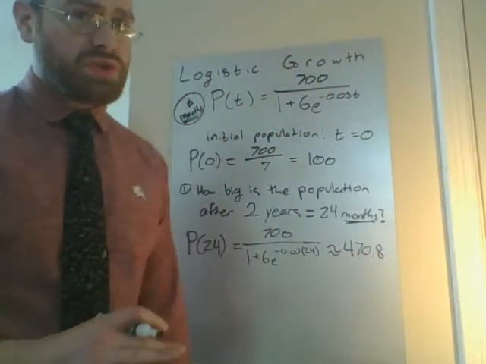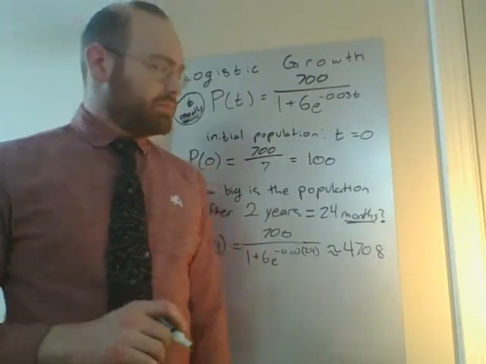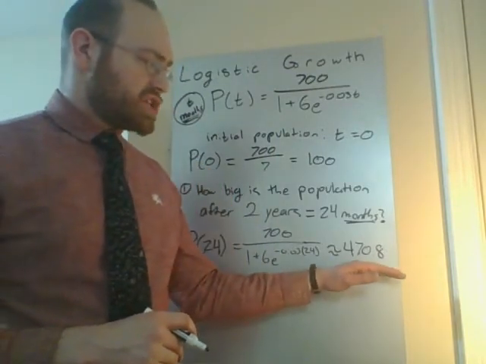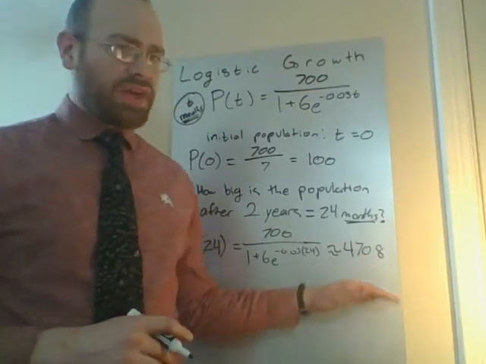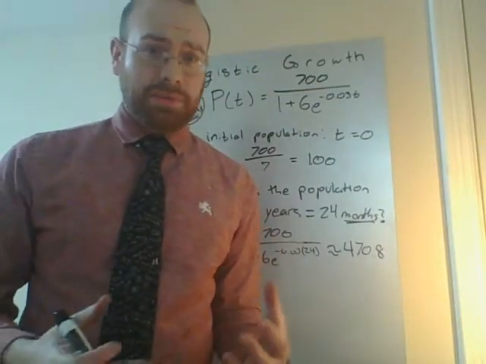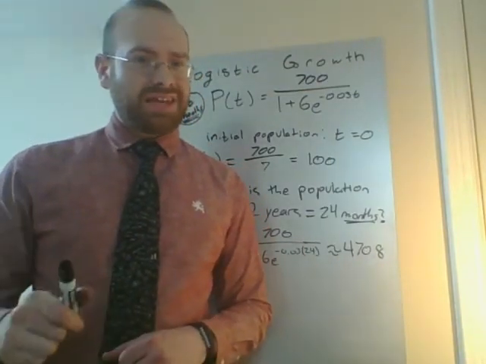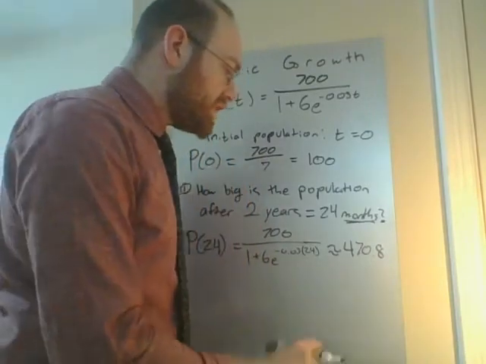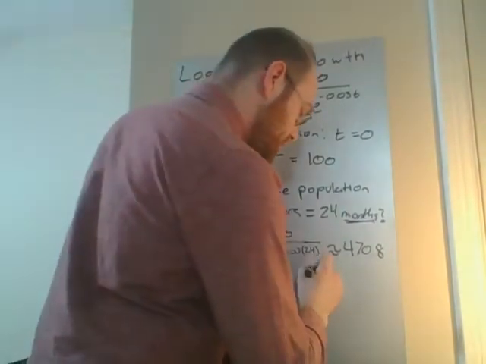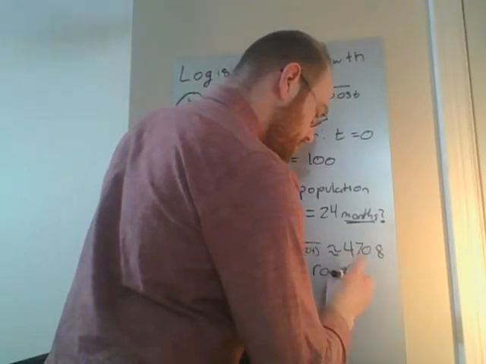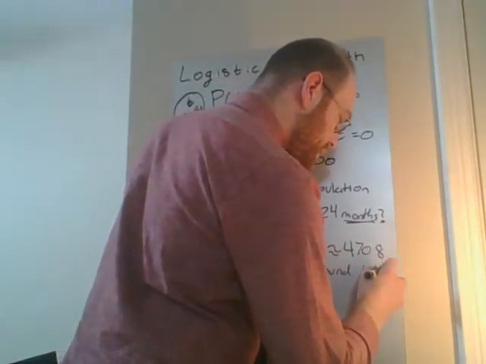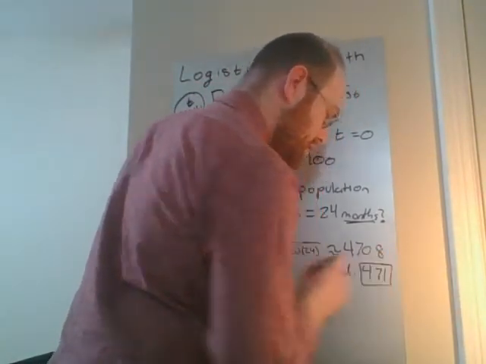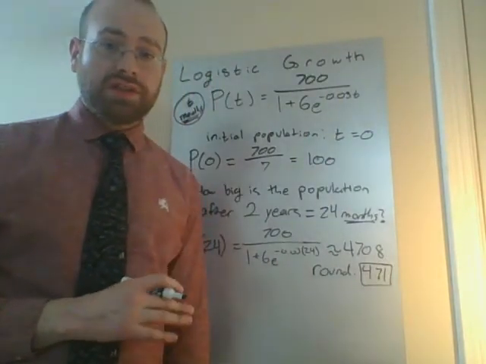Now, hopefully when you saw that, you got a little uneasy, because this represents population. Can we have 0.8 of something? Probably not if it's living. So we always need to round our answers to a whole number. So we would say our population is 471 individuals.